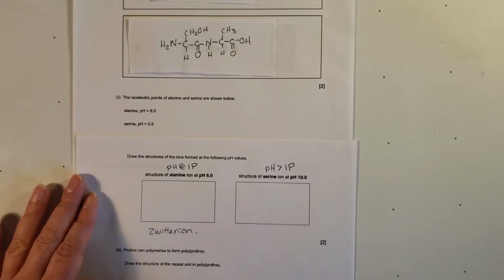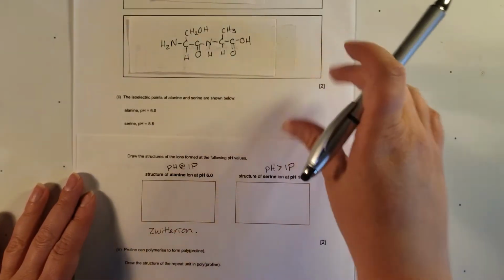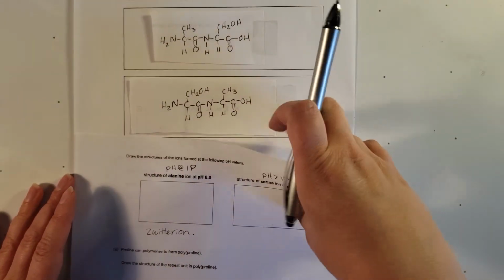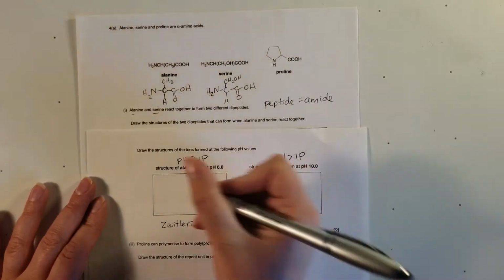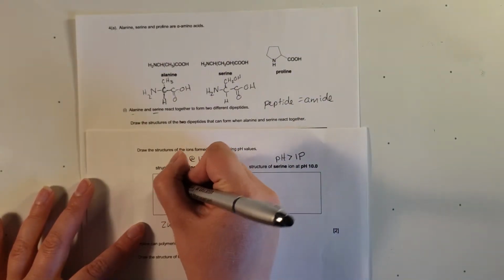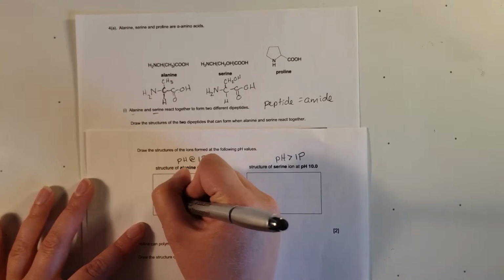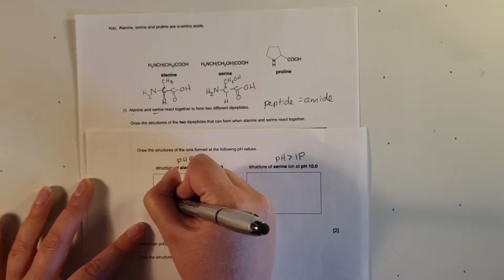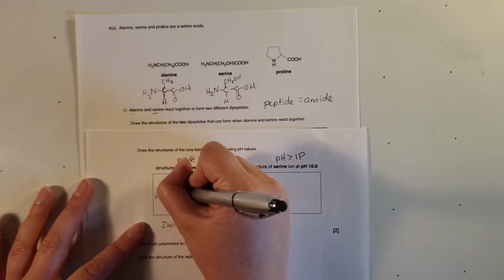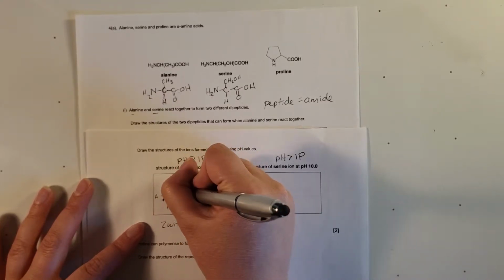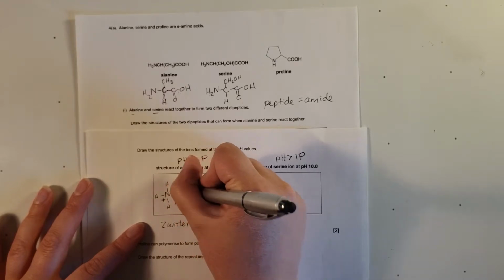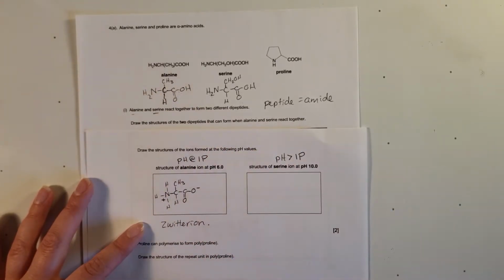So if we draw that for alanine, I'm going to move this so that we can see what alanine looks like again. NH3 plus and the COO minus. Okay, so that's that ion of alanine at pH of 6.